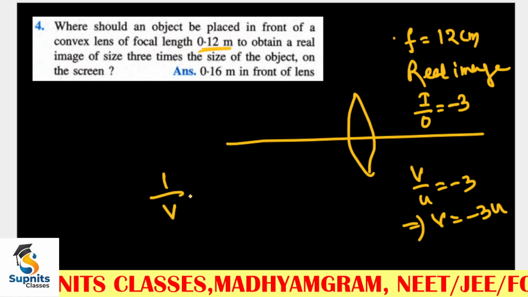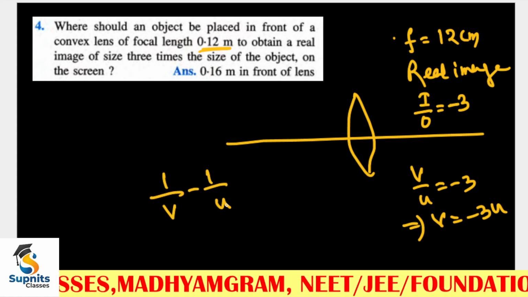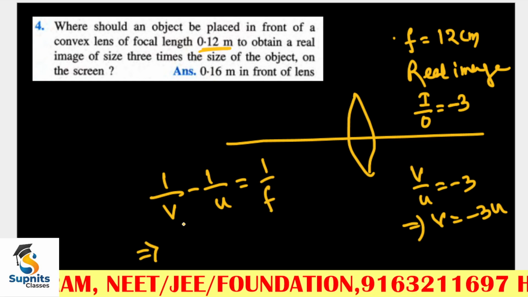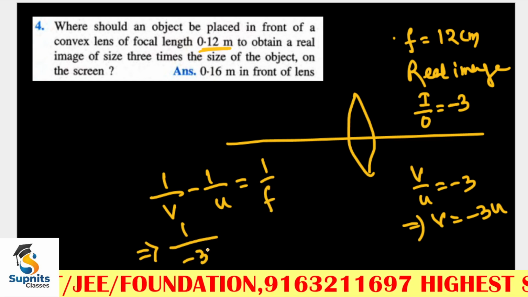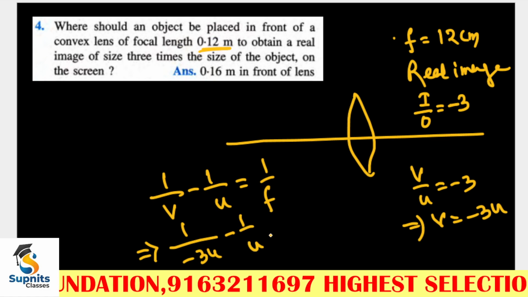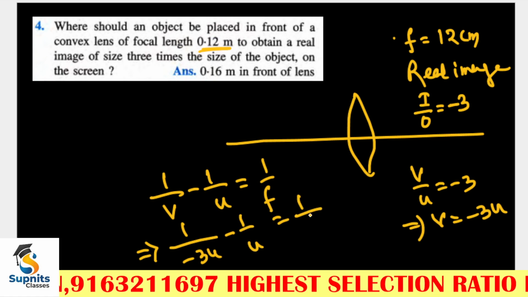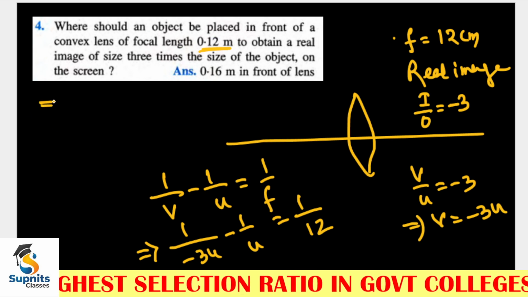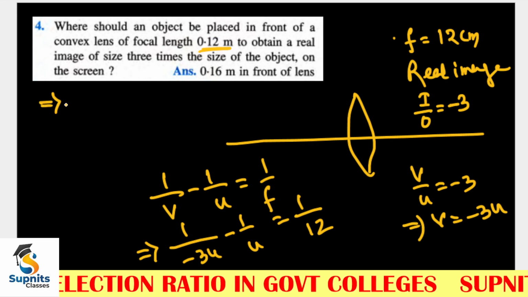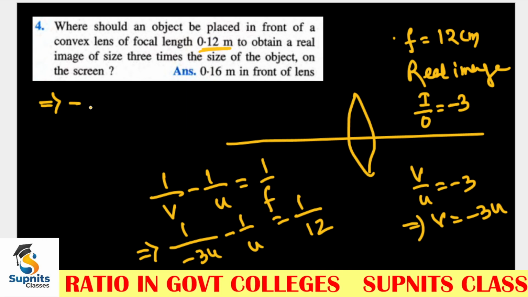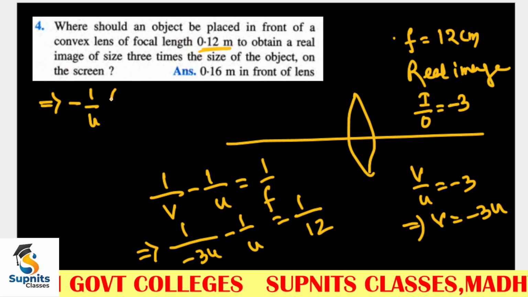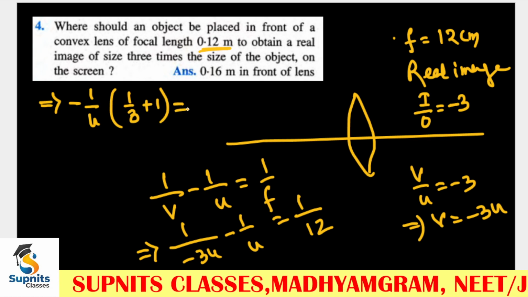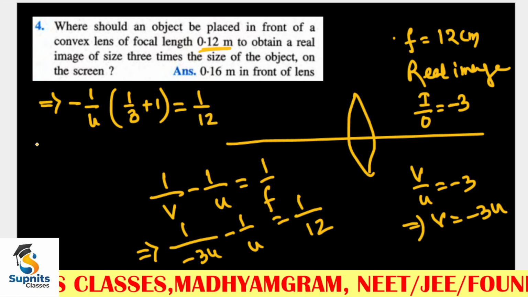Now if I use the formula 1 by V minus 1 by U is equal to 1 by F, then this formula reduces to like this, 1 by minus 3U minus 1 by U is equal to 1 by 12. See, I can take minus common, I can take 1 by U common. I'll be left with 1 by 3 plus 1 is equal to 1 by 12.